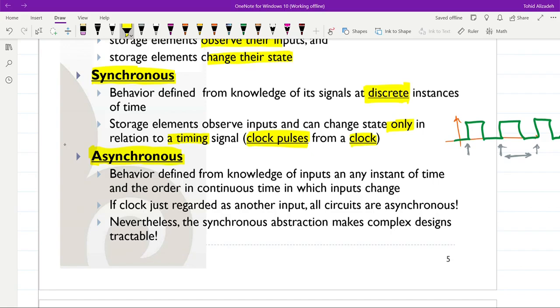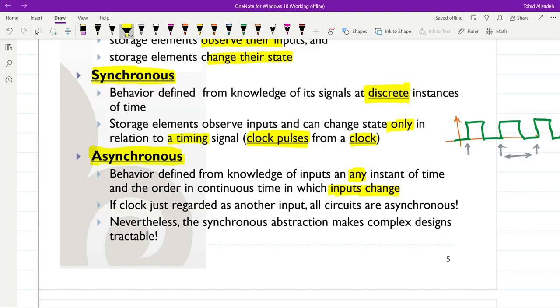So here for the asynchronous case, the behavior is defined from knowledge of inputs at any time instant and the order in continuous time in which the inputs change. So if the inputs change at any time, then it will affect the state of the system, it will affect the output of the system at that time.